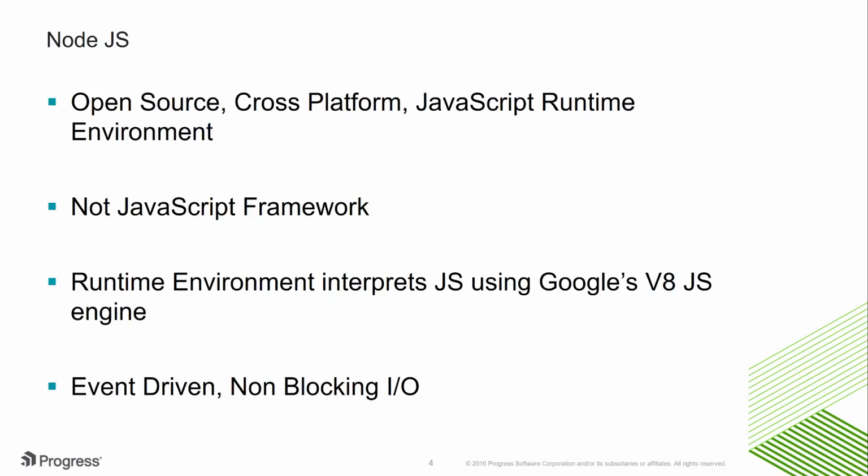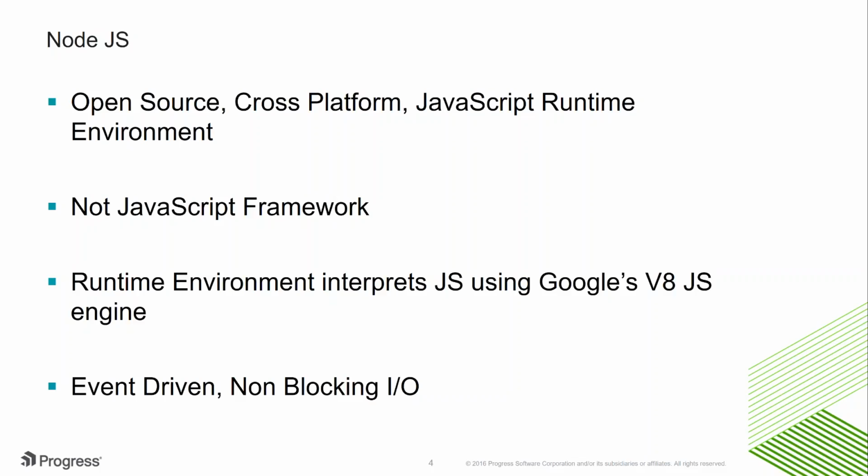Typically, if you ask a developer who's trying to learn, or even advanced users, they tend to say that Node.js is either a framework or a language. No, it's not both. Node.js is an open source cross-platform JavaScript runtime environment. That's important, the runtime environment, but you execute JavaScript. That's what it is. So as I said, the second point is that it's not a JavaScript framework.